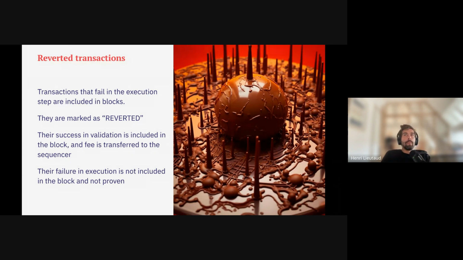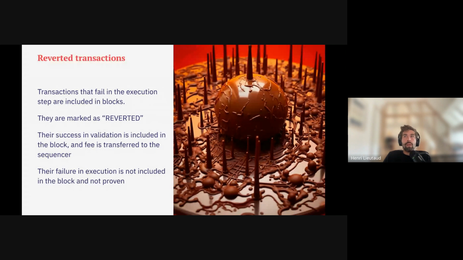So currently, in that case, the execution of validate, which transfers the fee of the sequence to the sequencer, is included in the block, but the actual execution is not included in the block. Another important thing to note is that the fact that they failed is not proven, meaning that if validate passes, the sequencer can say whatever it wants.